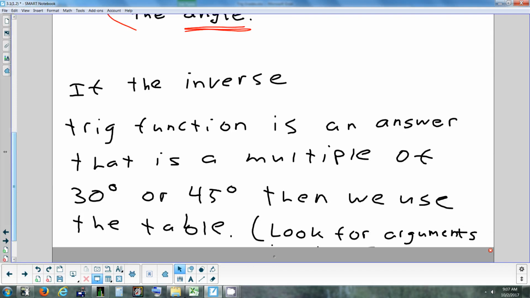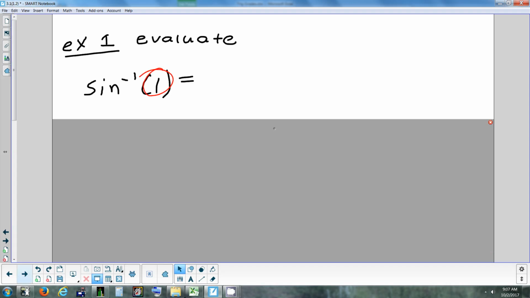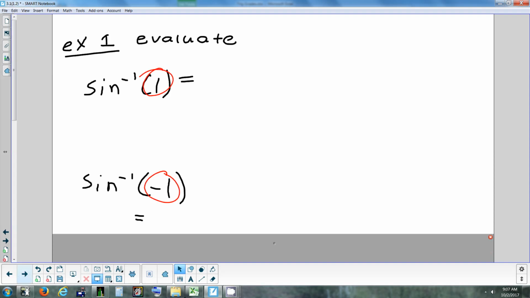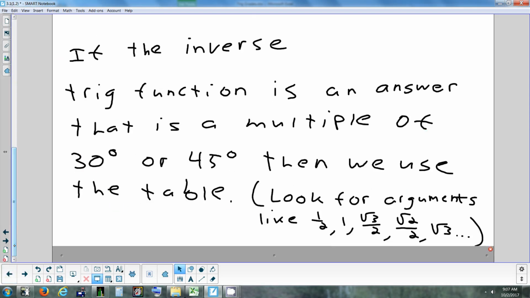You don't know the answer yet. So how do you know whether or not you should use that table? My suggestion is look for numbers like we saw last week: square root 3 over 2, square root 2 over 2, 1/2, negatives of everything I just said. If you see any numbers like that written right there, that's the number you're looking at. Then you use your table.